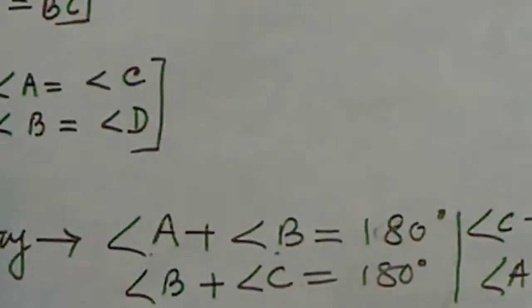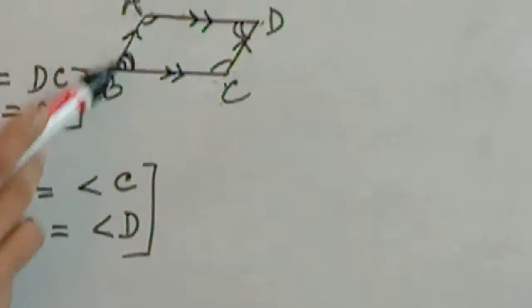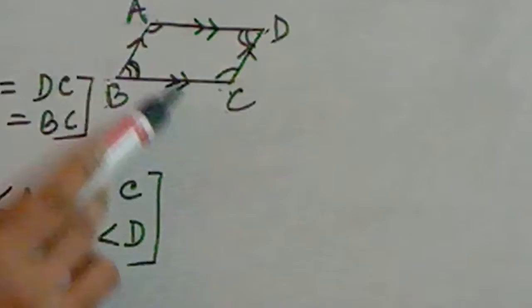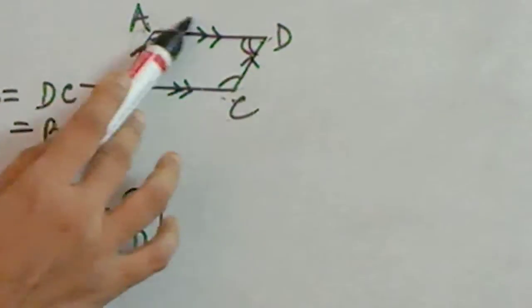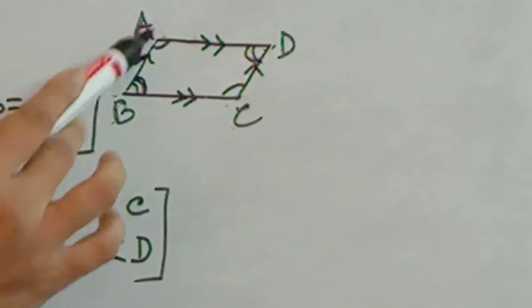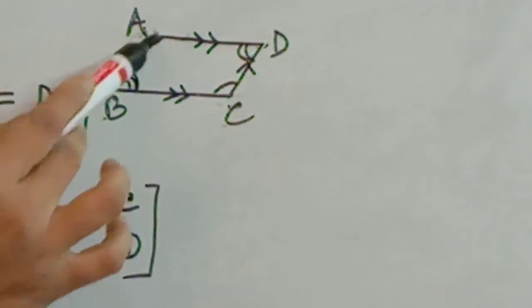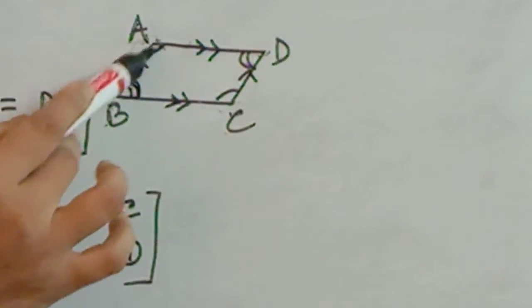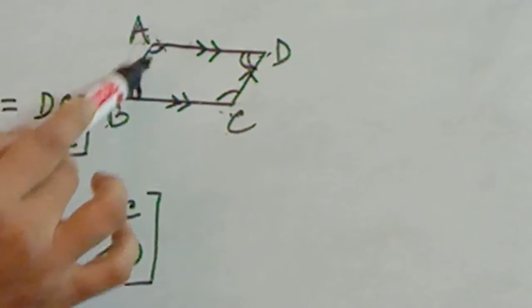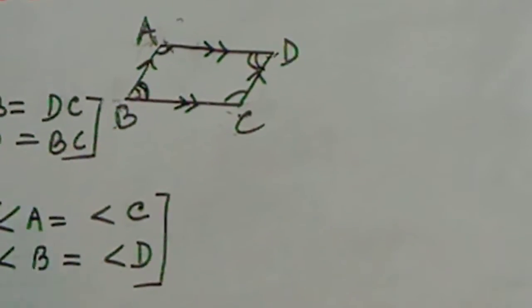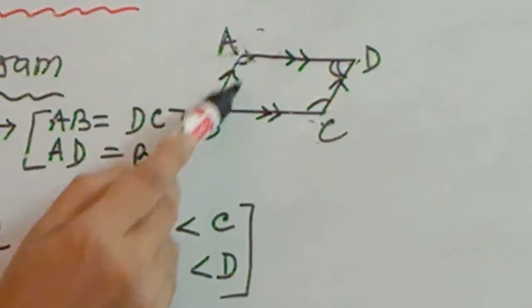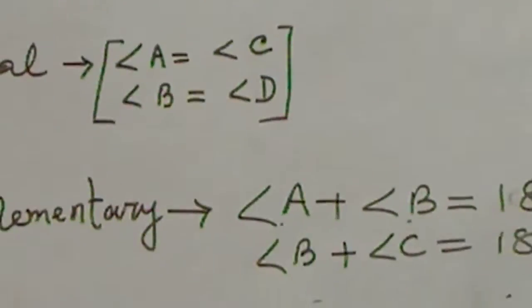Similarly, if you take B, then B plus C is 180 degrees. So C plus D is also 180 degrees. These adjacent angles are co-interior angles, or interior angles on the same side, in a parallelogram. So adjacent angles are supplementary.